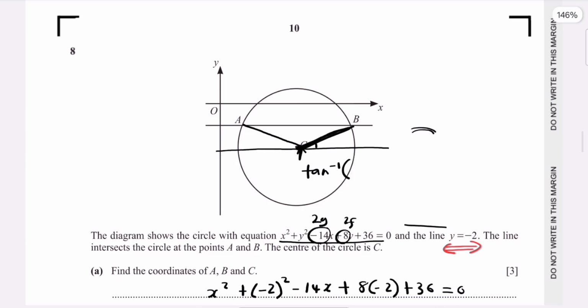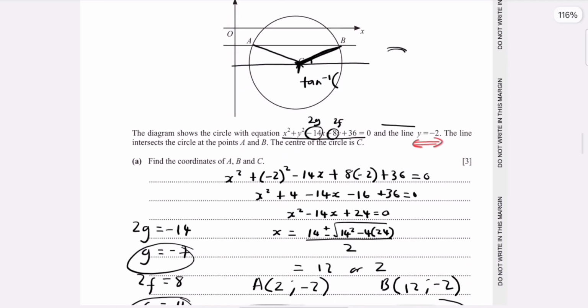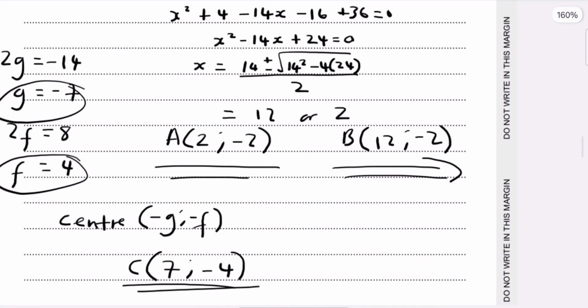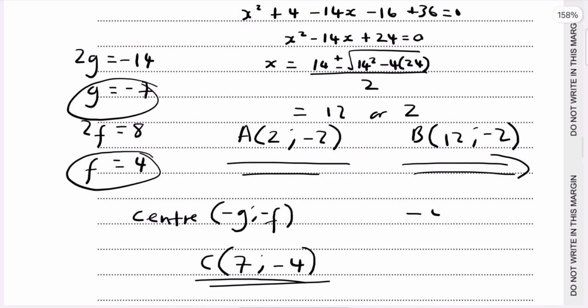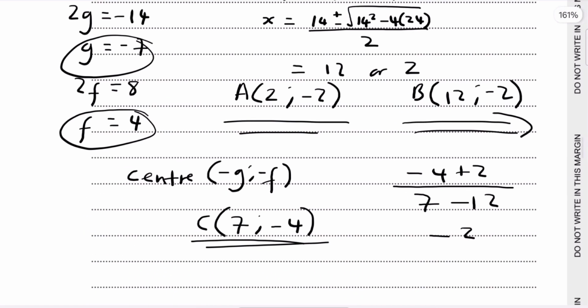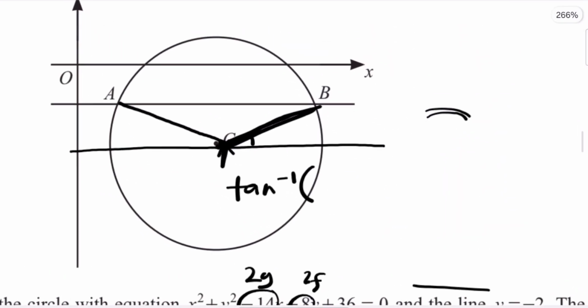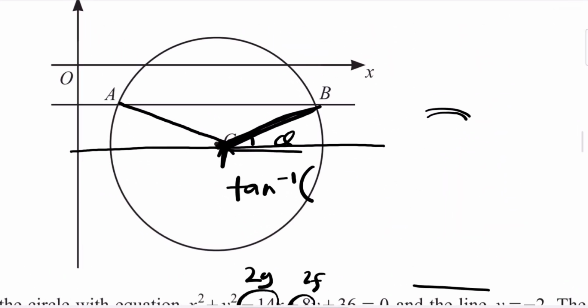So for the gradient of CB, we can get it by saying minus 4 plus 2 over 7 minus 12, and that will be minus 2 over minus 5. That will be 2 over 5, the gradient of CB. So to get the angle between this horizontal line and CB is just the tan inverse of 2 over 5, right?